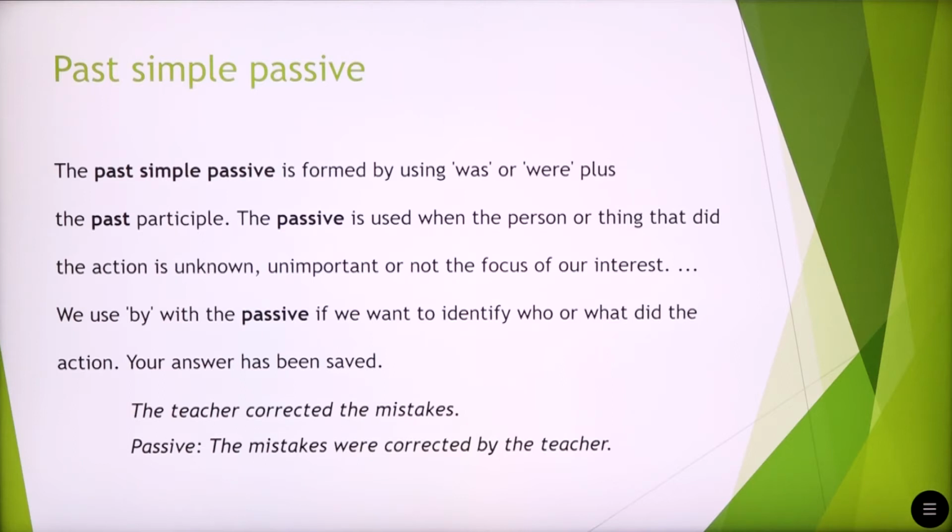In the second sentence, we see that the sentence is in the passive voice. The teacher is still the doer, but we don't refer to it as the subject, rather as the agent. So the agent is the teacher who corrected the mistakes. Remember, we always use the word by to refer to the agent.